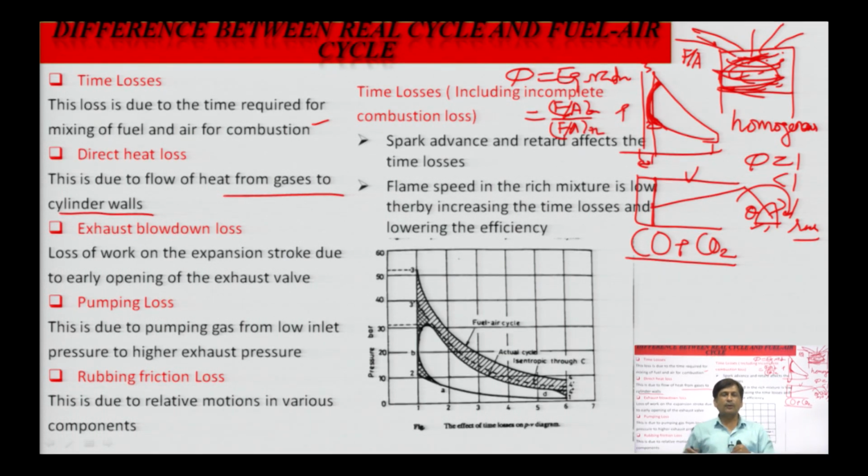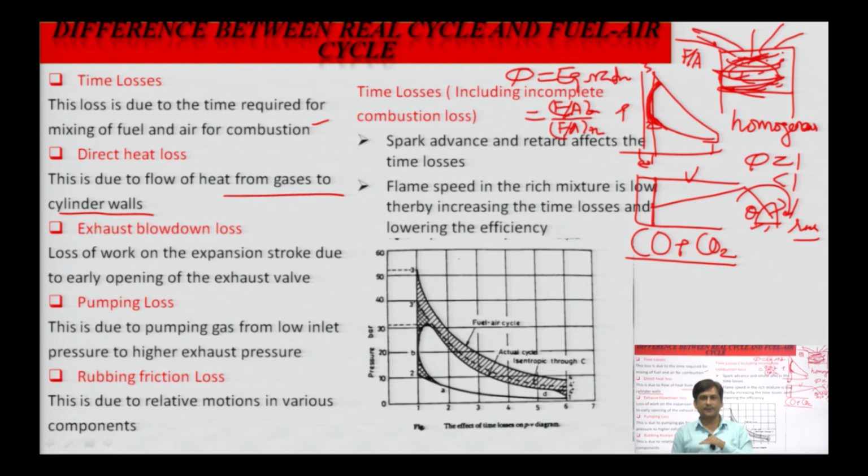Because of this earlier opening of the valve during the expansion stroke, losses occur, because if you suddenly open the valve, the pressure goes down. Blowdown means a sudden pressure difference.